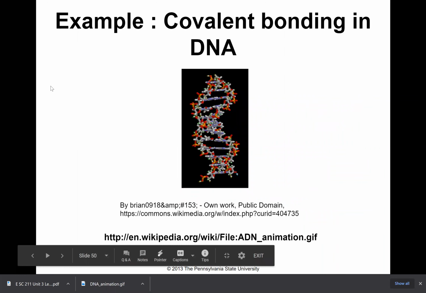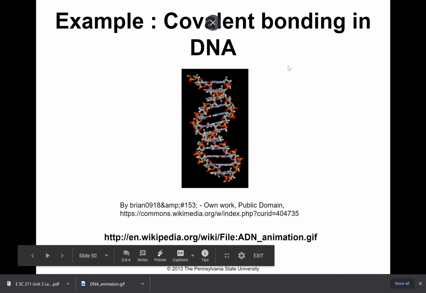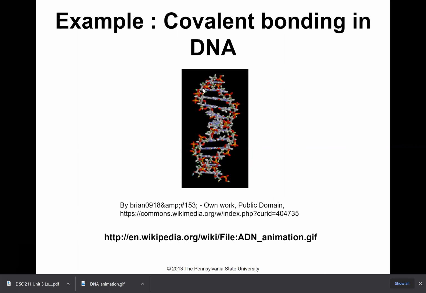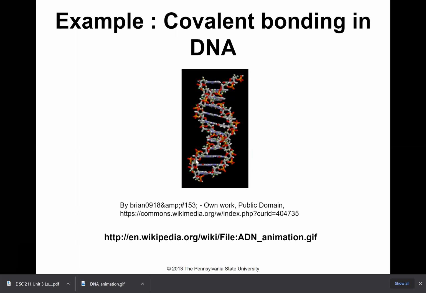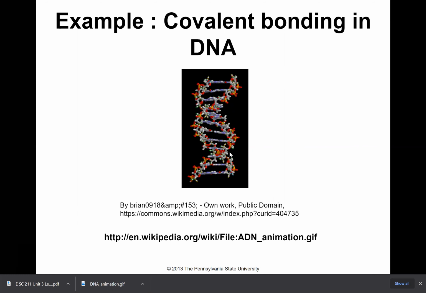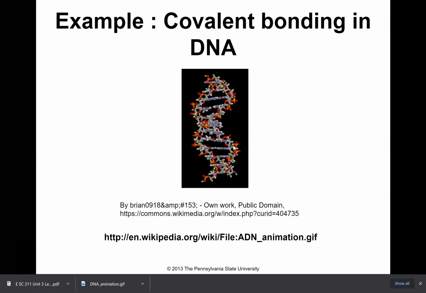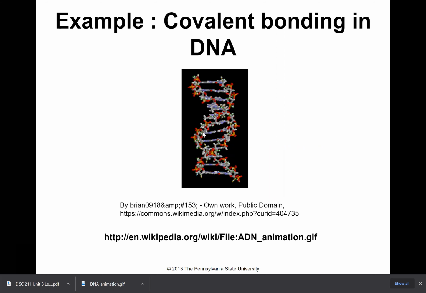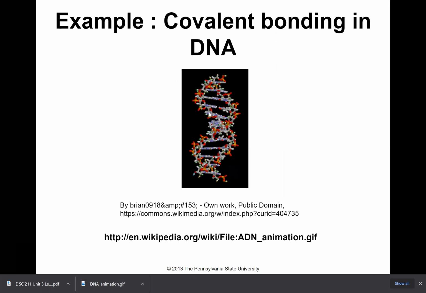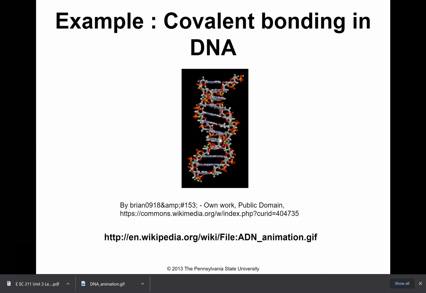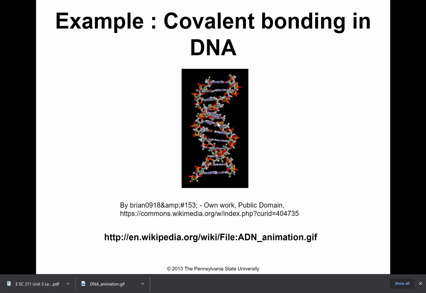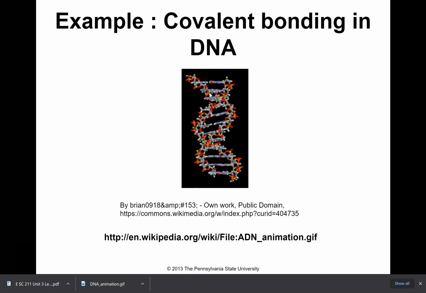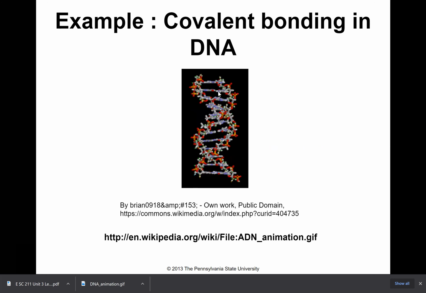All right, here's an example of covalent bonding in DNA. Each of you remember what DNA is, right? It has a sugar and phosphate backbone with the bases going across. All of these atoms are covalently bonded, but when the bases are hooked together in the middle, that is a hydrogen bond attraction.